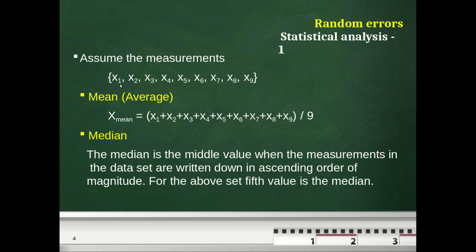We take a number of measurements, and then we may take the mean, x mean, which is the total of the measurements over the number of measurements, or the median, which is the right one in the middle of all the values when we order all of the measurement values in ascending order.